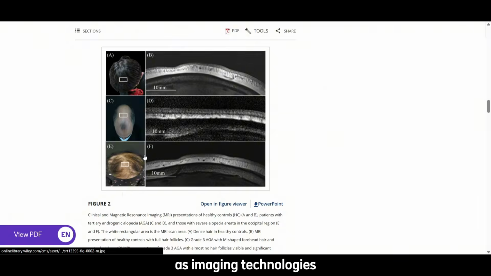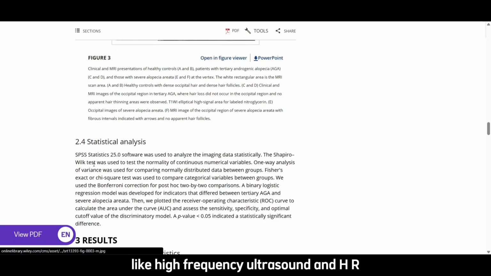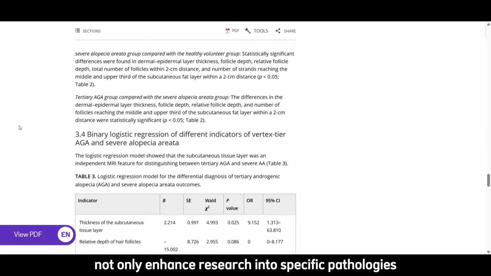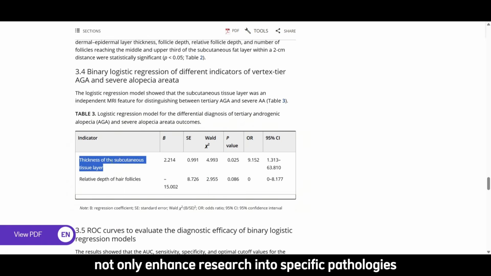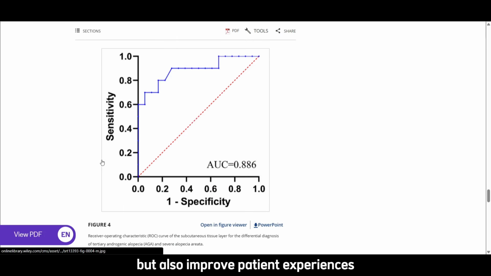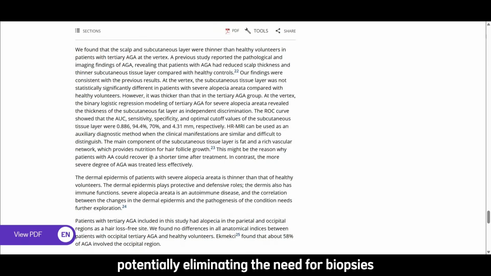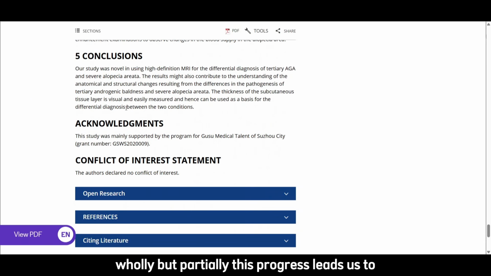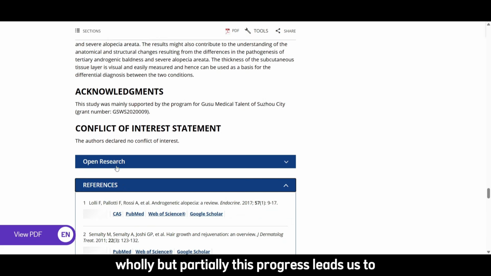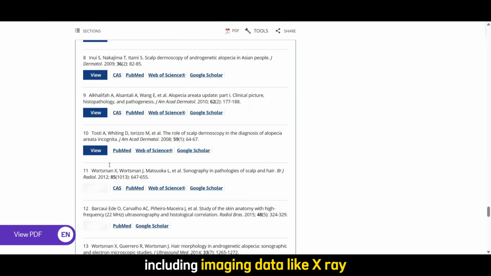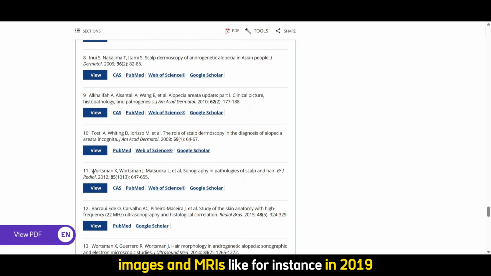As imaging technologies like high-frequency ultrasound and HRMRI advance, they not only enhance research into specific pathologies, but also improve patient experiences, potentially eliminating the need for biopsies, not wholly, but partially. This progress leads us to utilizing big data from electronic medical records, including imaging data like X-ray images and MRIs.